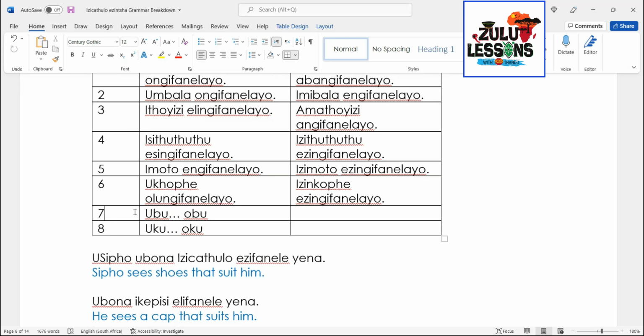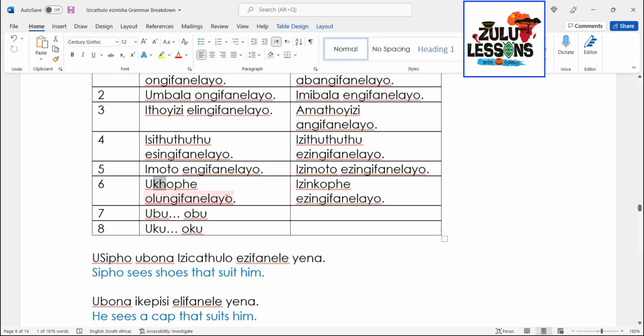So let's see. Ukophe is one eyelash. Pay attention to that KH sound here. That is the same sound as the sound for car in English, to care in English. So, ukophe, and then the plural of it is izinkophe.